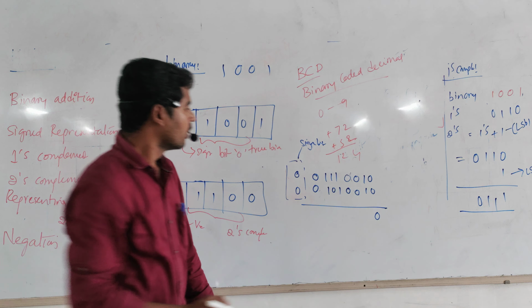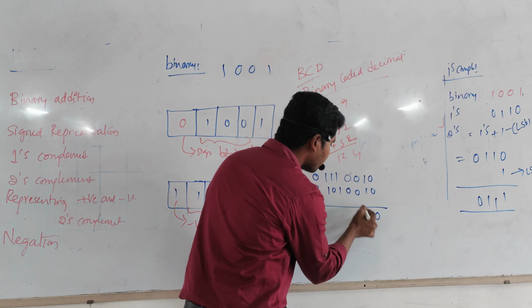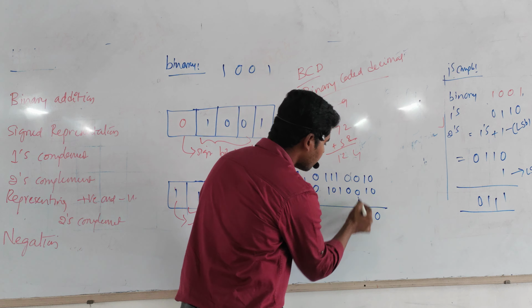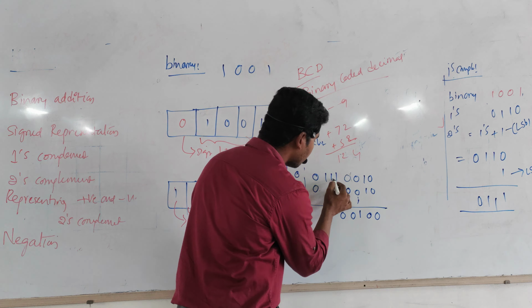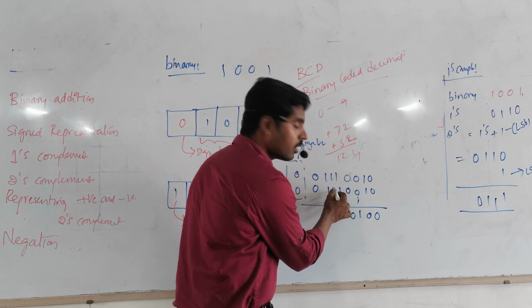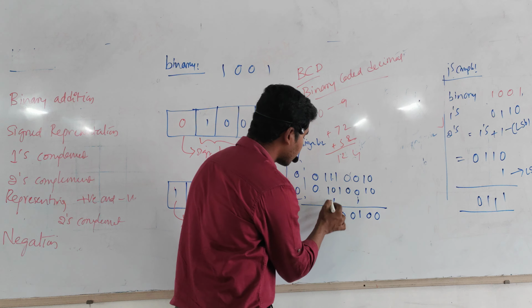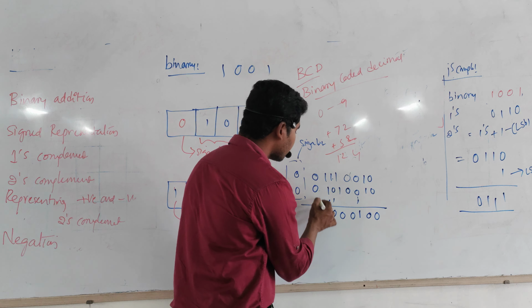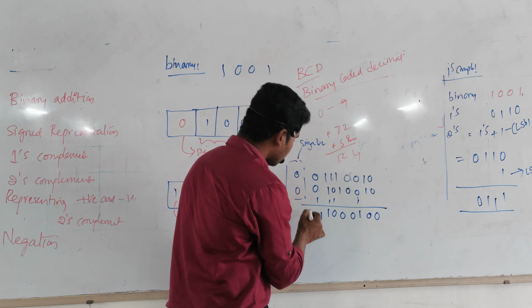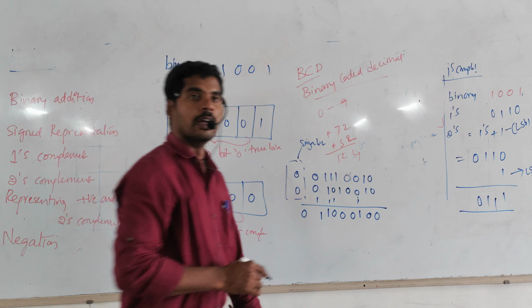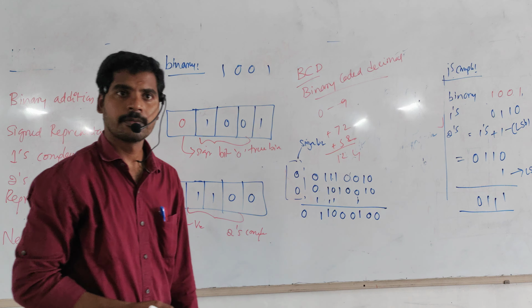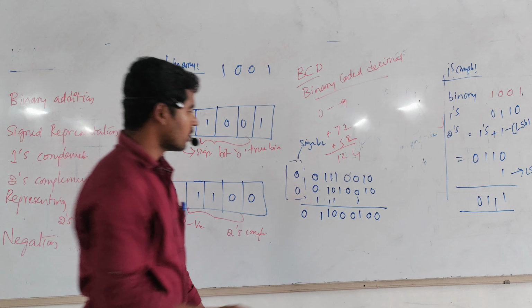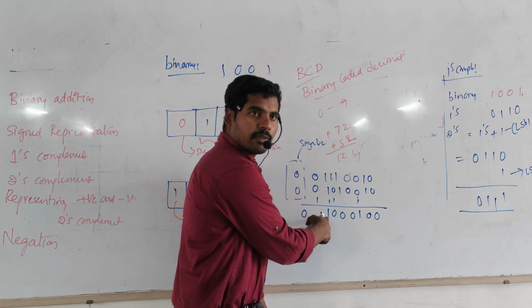Okay, sign bit. So 0, 1 plus 1, 0 with carry 1, then 1, 1, 0, 1, 0, 0 with carry 1, 1, 0 plus 1, 0, 1, 1 plus 1, 0 with carry 1, 1, 1 means 1 with carry, so this is nothing but 0. So no carry will be generated, right? No carry will be present. 1, 1 means someone carry 1.